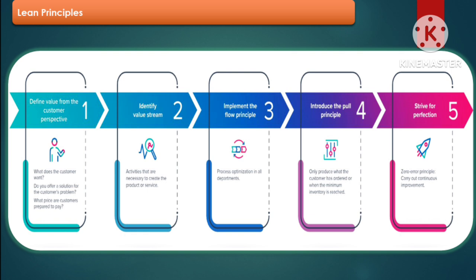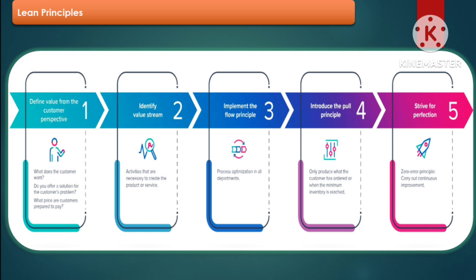The third principle is flow. Flow is process optimization. So make sure all the steps or activities we have in production, a service, or offerings are optimized in a well-synchronized manner, so that they do not interrupt or create roadblocks which lead to waste in the process.